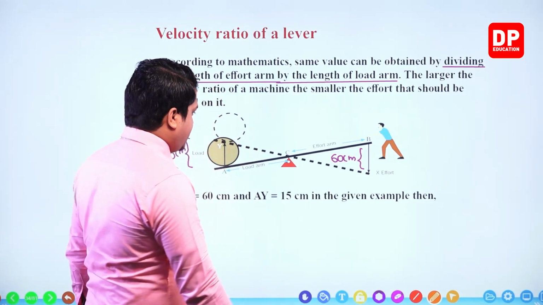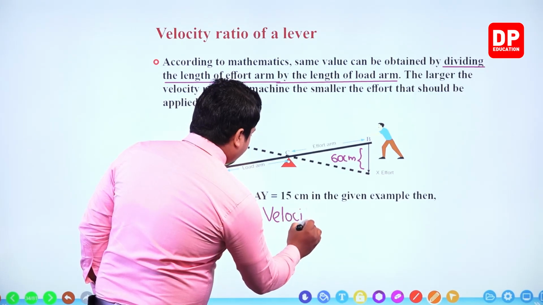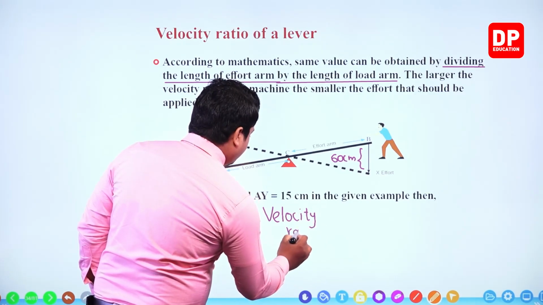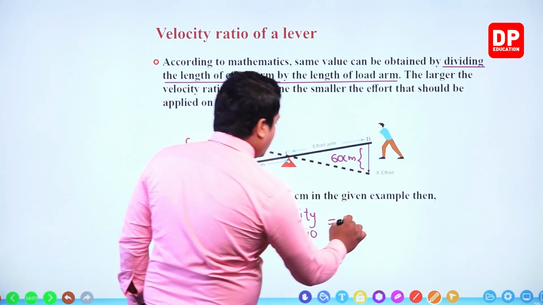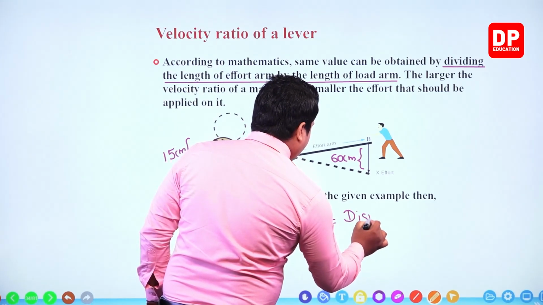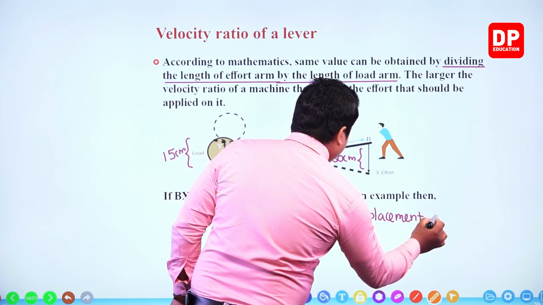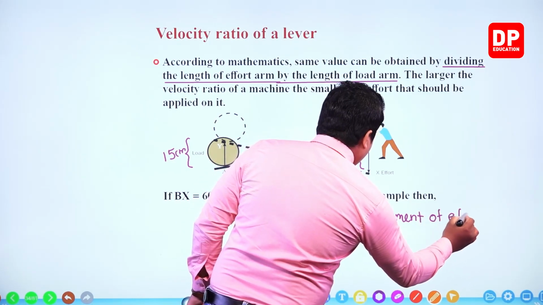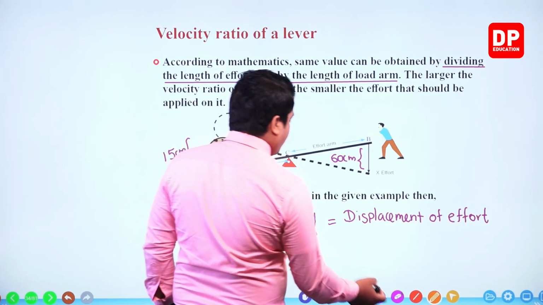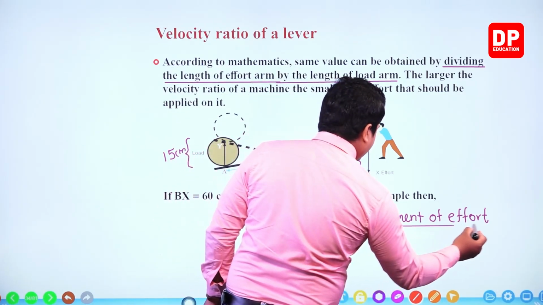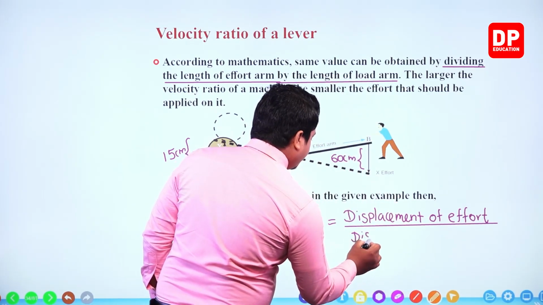So let's calculate. Velocity ratio equals the displacement of effort divided by the displacement of load.